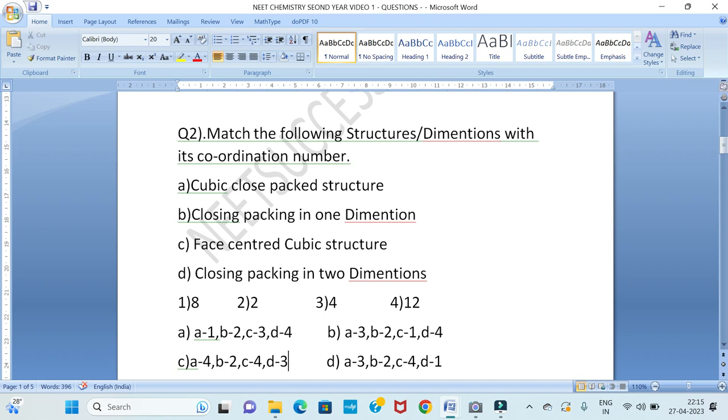Cubic closed packed structure has coordination number 12. Face centered cubic structure also has coordination number 12. So both options A and C are the same. Either one, we call both. So the structure has coordination number 12. These are dimensions, these are structures.